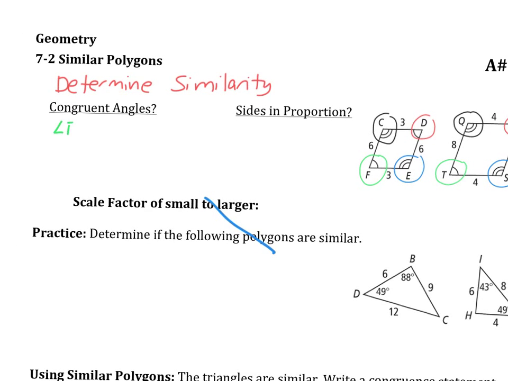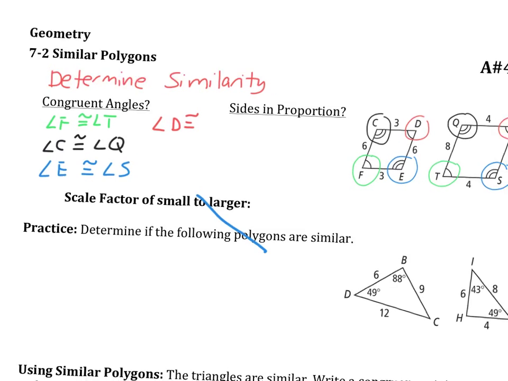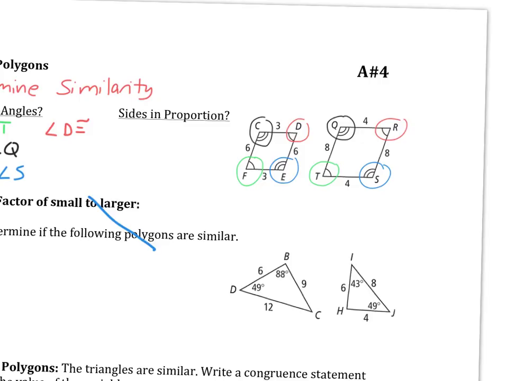Angle F is congruent to angle T. Next, angle C is congruent to angle Q. Next, angle E is congruent to angle S. And lastly, angle D is congruent to angle R.